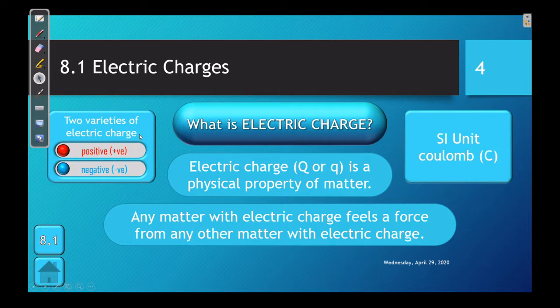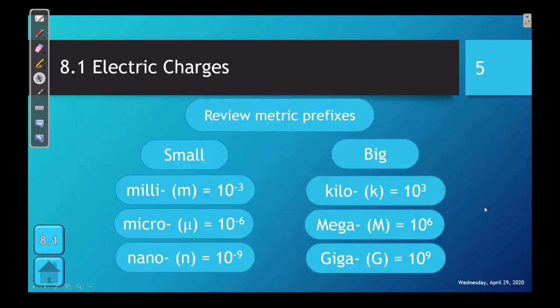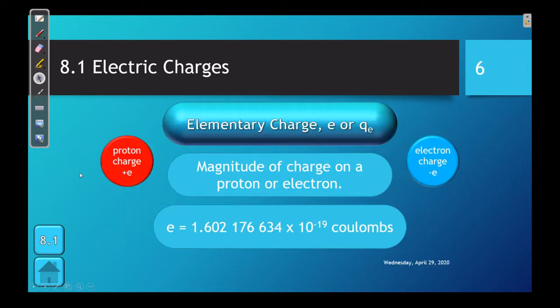There are two flavors of electric charge, positive and negative. Now, electric charge is measured with a unit called a coulomb, and that's abbreviated with a capital C. But see, the thing is that a coulomb is actually a pretty huge amount of electric charge. So often it is more convenient to speak of electric charge in terms of millicoulombs, microcoulombs, or even nanocoulombs for very, very small amounts of charge.